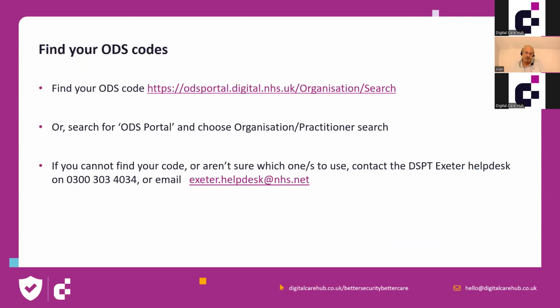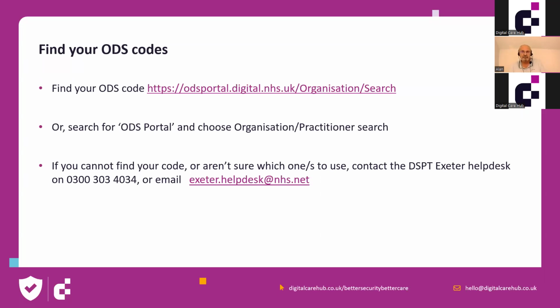And again, if you're not sure of ODS codes, then to find your ODS code, on the slide there is a link across to the ODS portal where you can carry out an organisation search, or you can search for ODS portal within your browser and then choose organisation and practitioner search. And if you can't find your code or you're not sure which one to use, again, Exeter Help Desk will be able to unravel that.